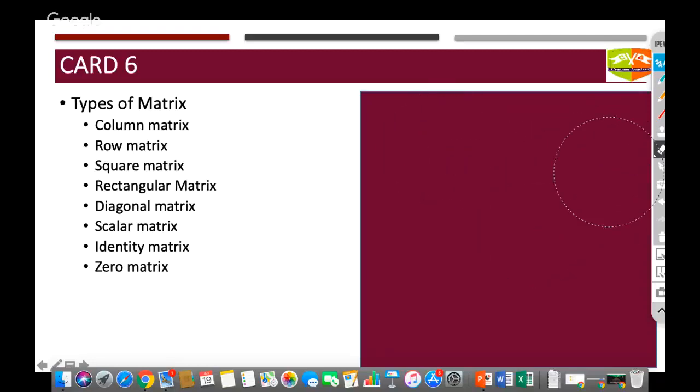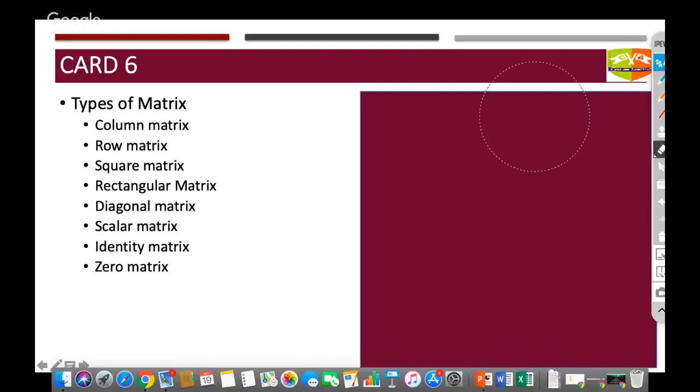Now let me move to identity matrix. A square matrix in which elements in the diagonal are all 1 and the rest are all 0 is known as an identity matrix.